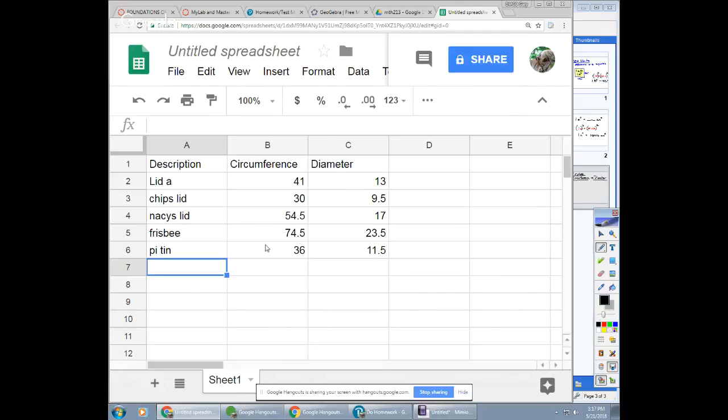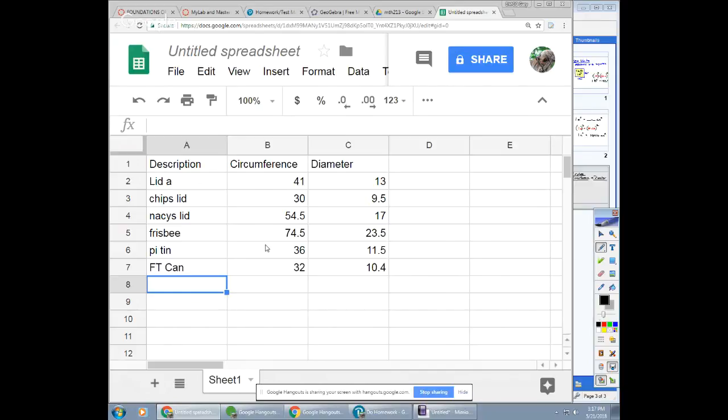You have a fair trade can. Okay. 32 inches circumference, centimeters? 32 centimeters circumference and 10.4 diameter. Got it. And then we have the coffee. Good read on that. Wow, you are awesome.